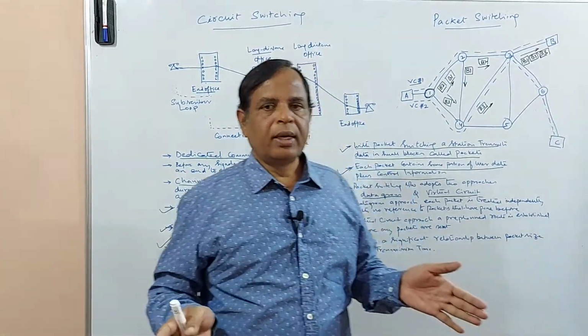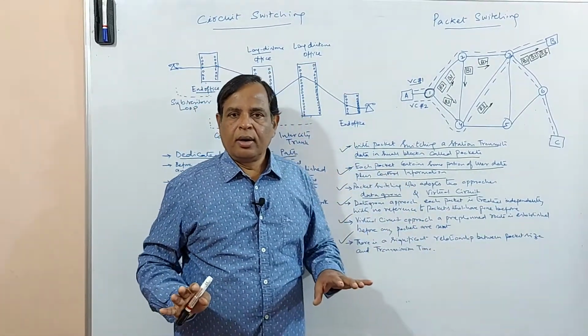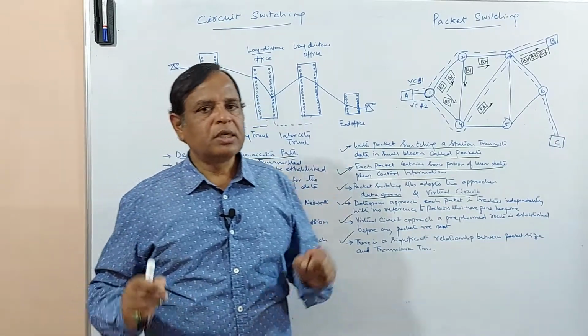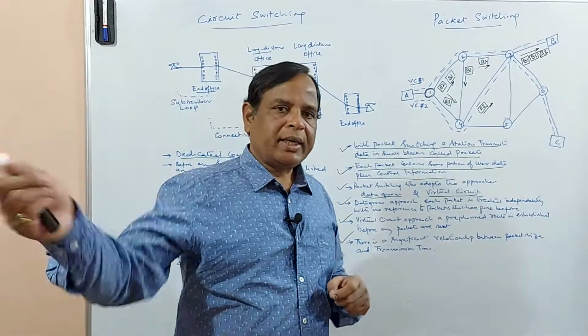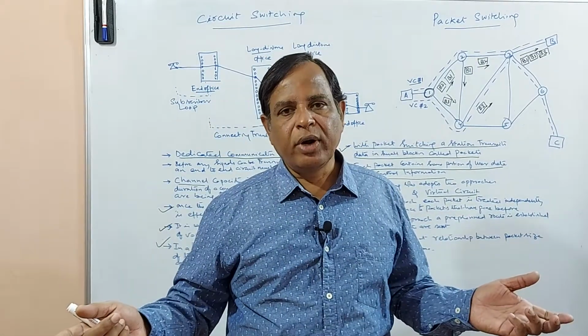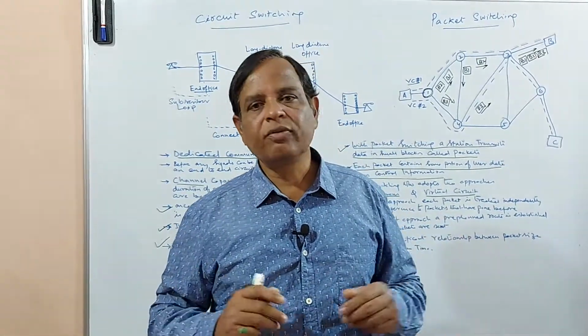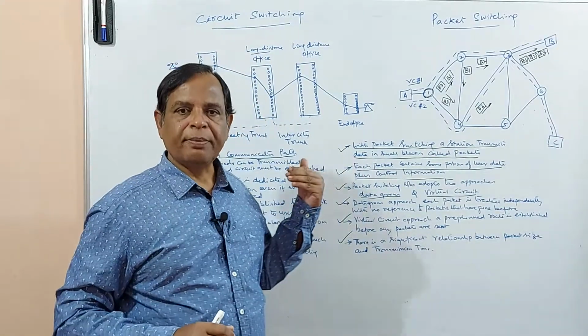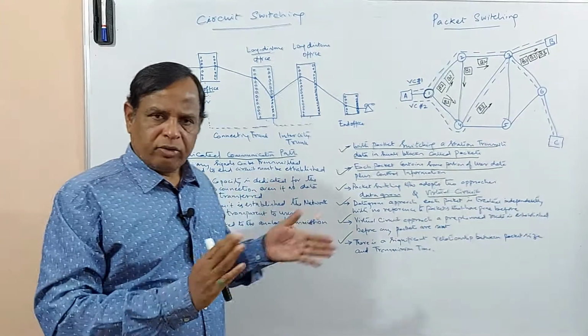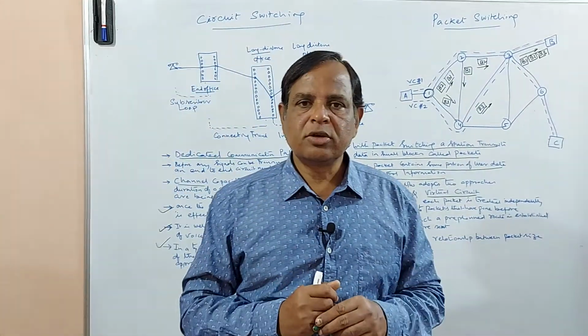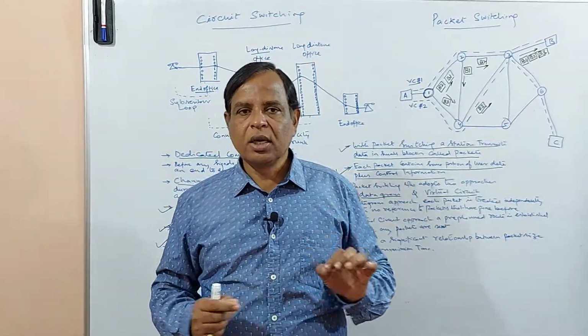So resource management is very important, because nowadays everybody is looking for bandwidth. You are connected and you are not using the bandwidth, so the resource is getting wasted. That is what generally happens in circuit switching. Once upon a time it was very good, and it was utilized very nicely for voice communication.